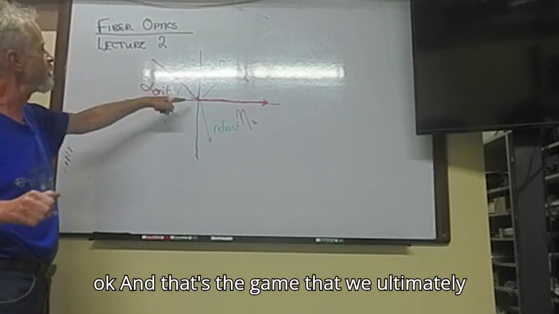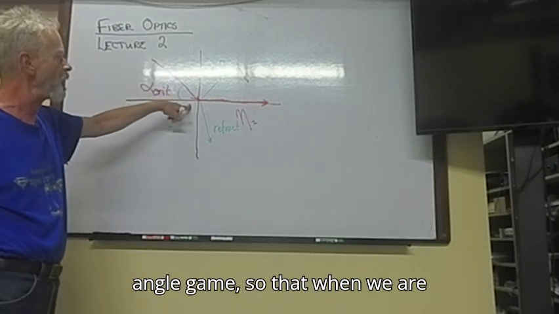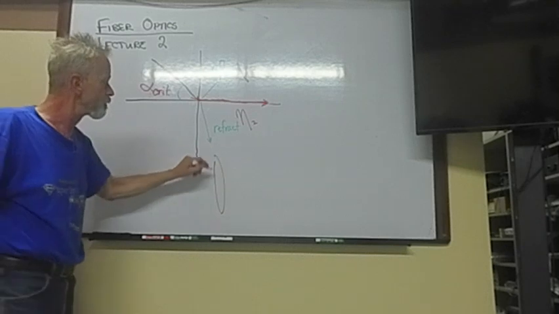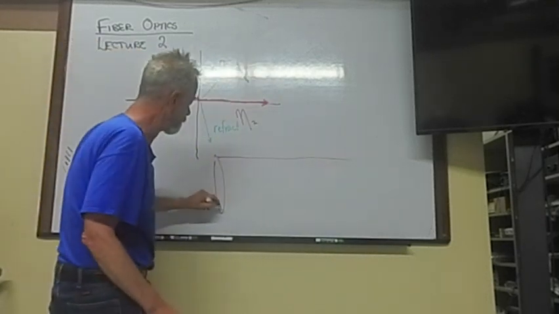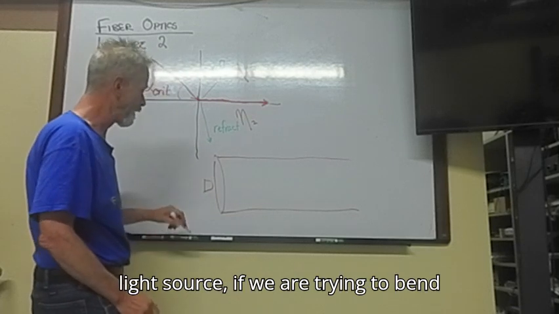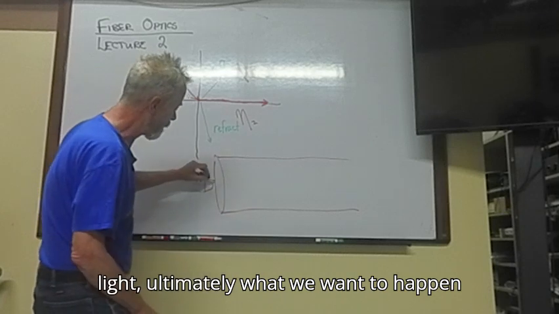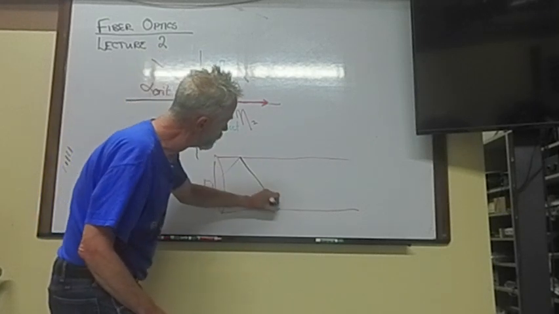Okay, and that's the game that we ultimately want to play, this critical angle game, so that when we are trying to bend light as it goes in from a non-directional light source, ultimately we don't want this.